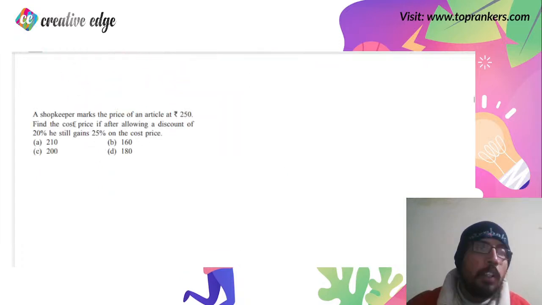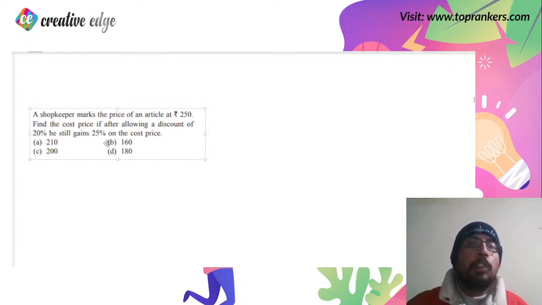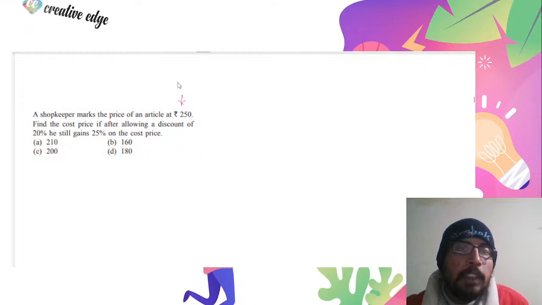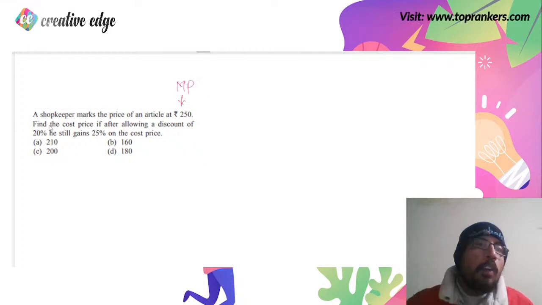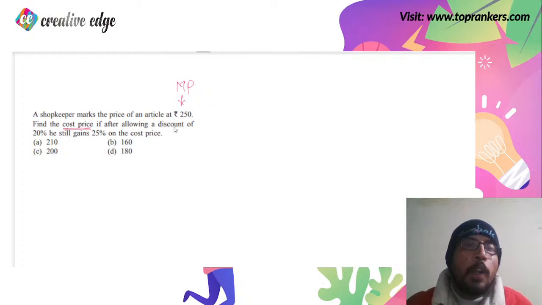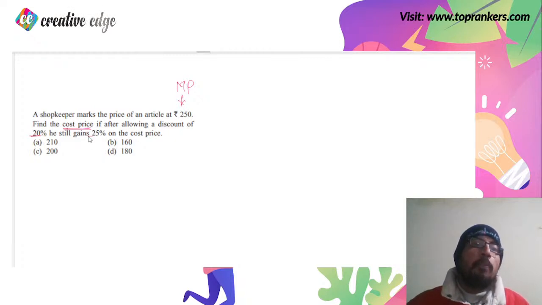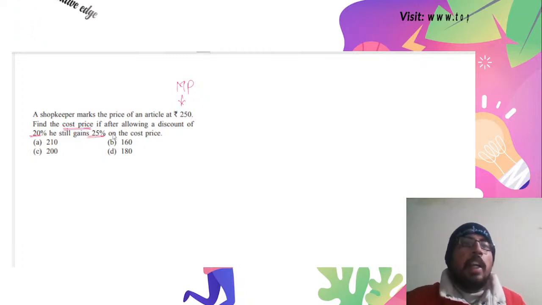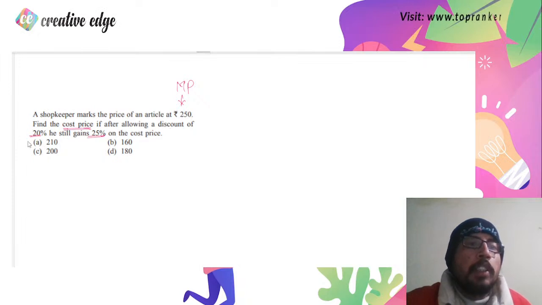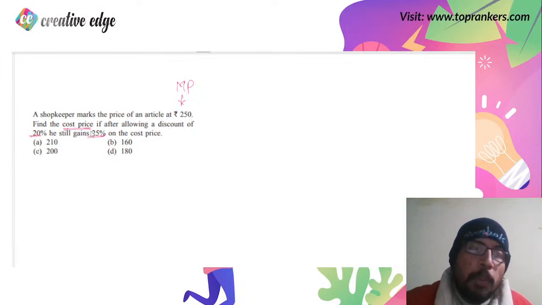Now the third question reads that a shopkeeper marks the price of an article to be 250. So this is your mark price. We have to find the cost price, if after allowing a discount of 20%, he still gains 25% on cost price. That is, he is offering 20% discount, still he is getting 25% profit.